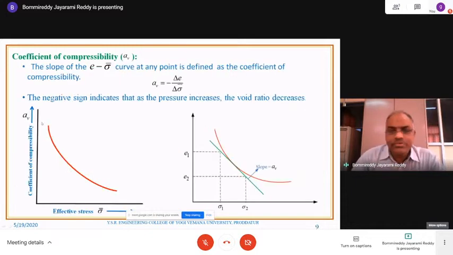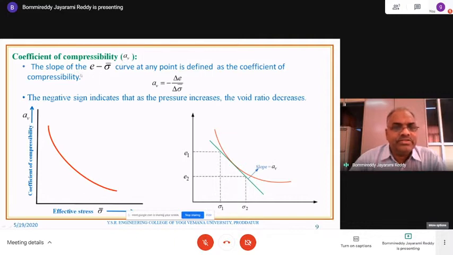And there are a few small definitions that you need to understand clearly, so that any numerical problem can be solved by understanding the total concept in the consolidation chapter. The first important definition is the coefficient of compressibility, represented by AV.